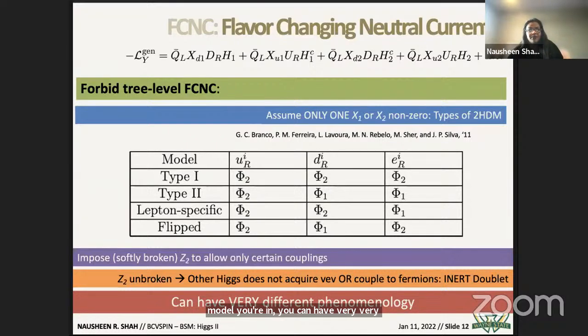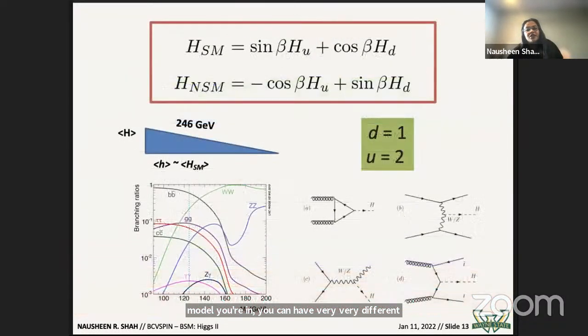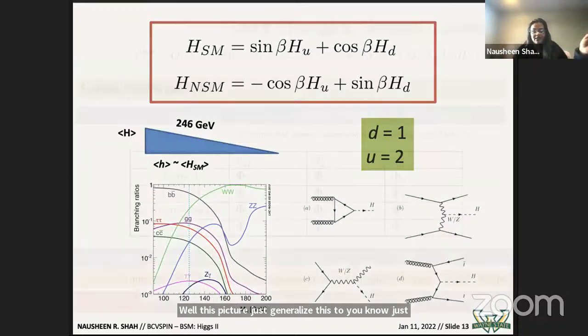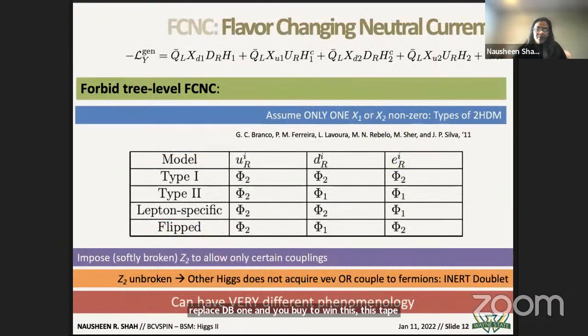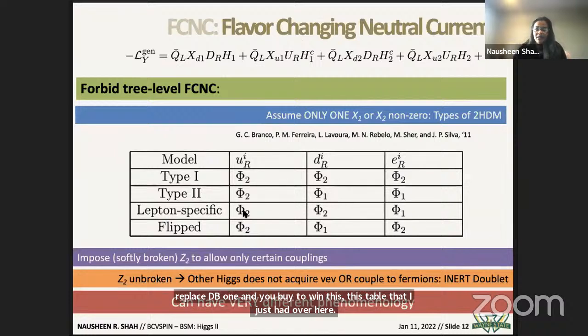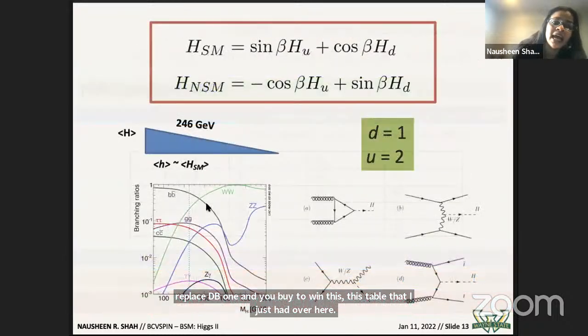So going back to this picture that I had shown you earlier about alignment, in particular, saying that one of them is H up, and the other one is H down. Well, this picture just generalizes to, just replace D by 1 and U by 2 in this table that I just had over here, right? So phi 2 and phi 1 in the different fermion couplings.